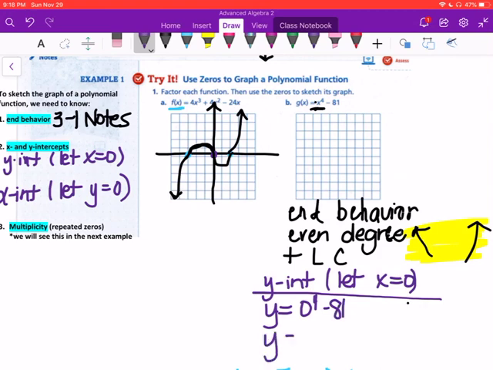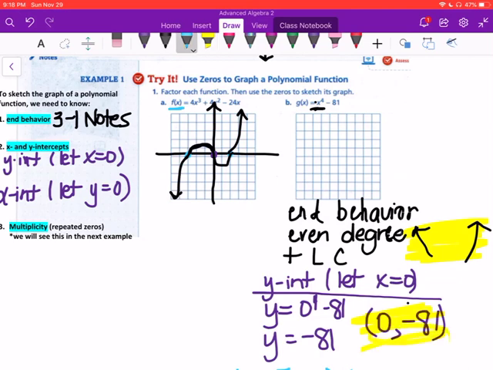So y equals negative 81. So I have a y-intercept at (0, negative 81). This is really going to be a sketch here because that scale does not go down to negative 81, so I'll just have to change the scale.